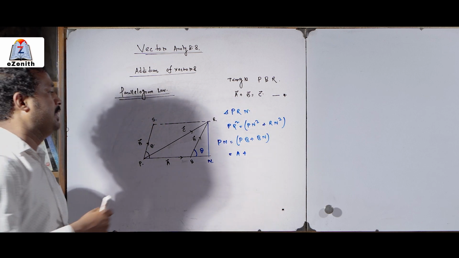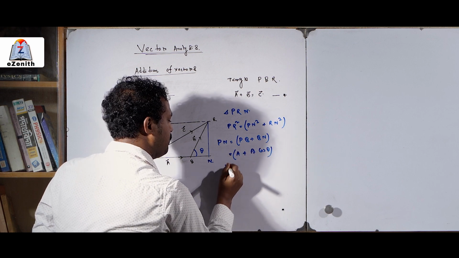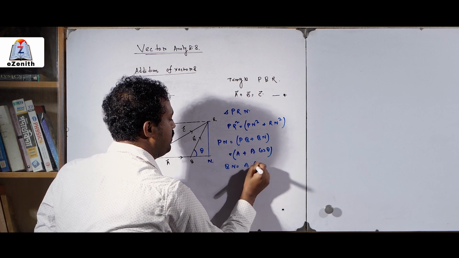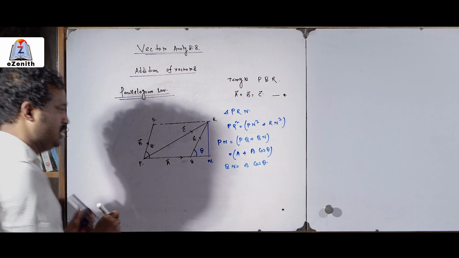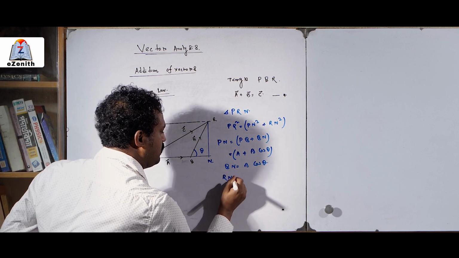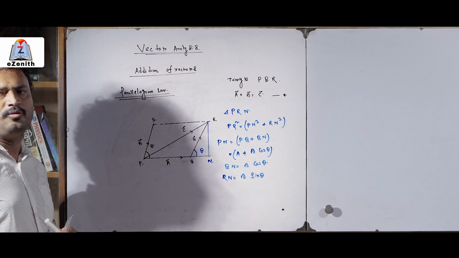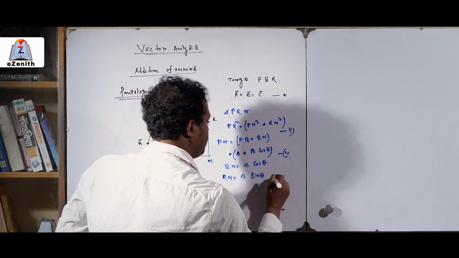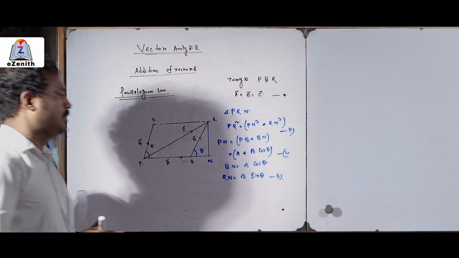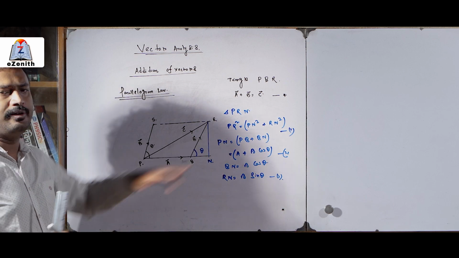QN magnitude is B cos theta. And RN is equal to B sin theta. So you have three fundamental equations, 1, 2 and 3.